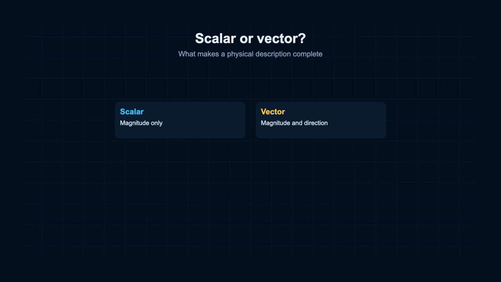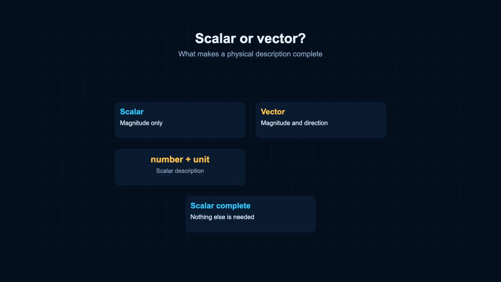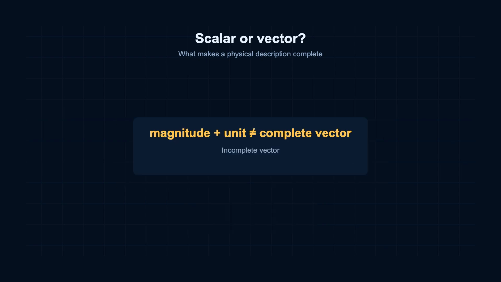A scalar is completely described by a number and a unit. Nothing else is needed. A vector needs that same number and unit plus a stated direction before the description is complete. Leave the direction off a vector quantity, and you've only given part of the answer.